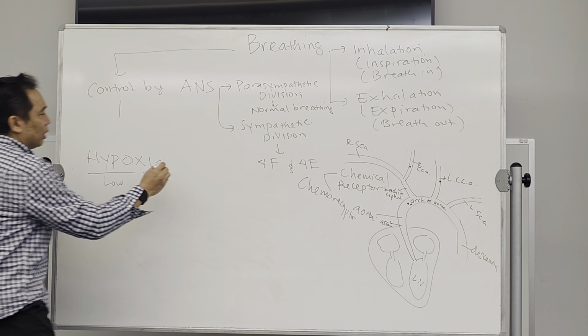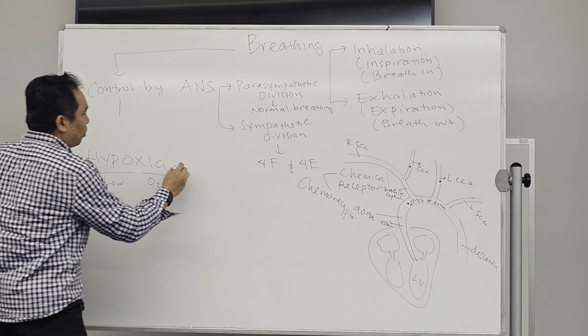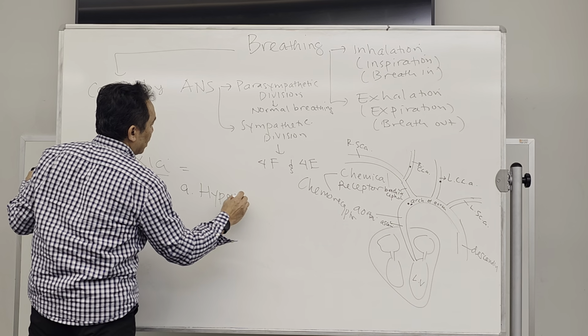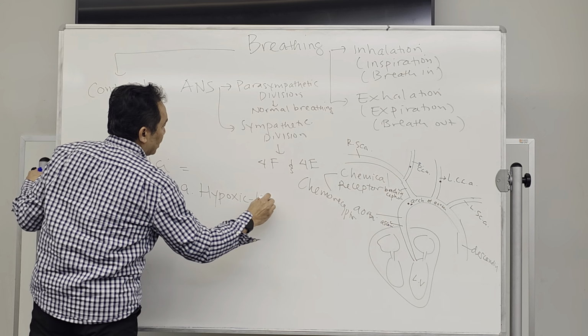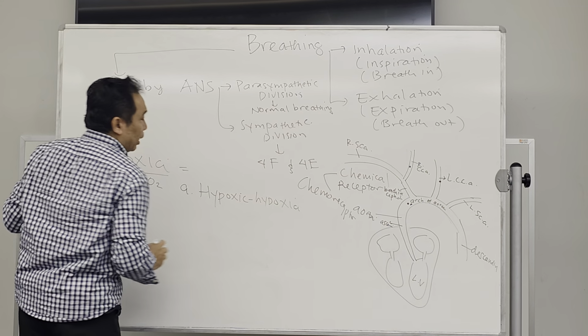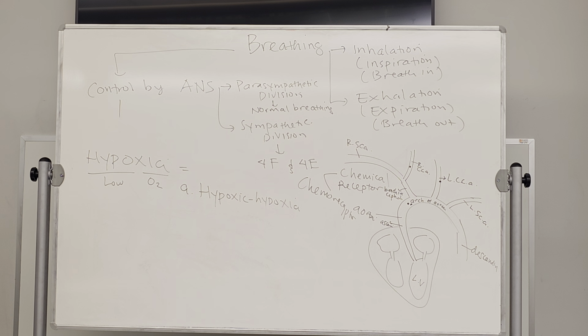Okay, there are several types of hypoxia. The first one is called hypoxic hypoxia. This is when the oxygen concentration in the blood is very low. So the blood actually has very low oxygen.